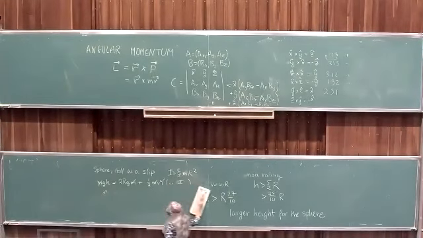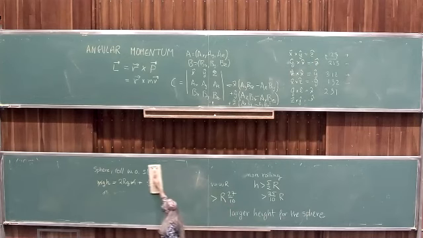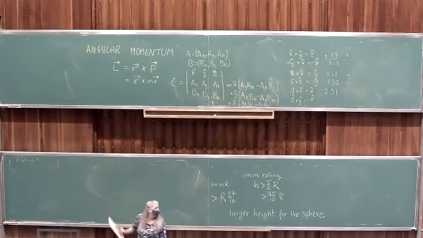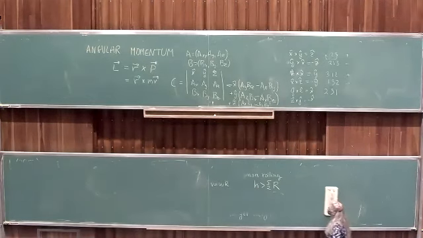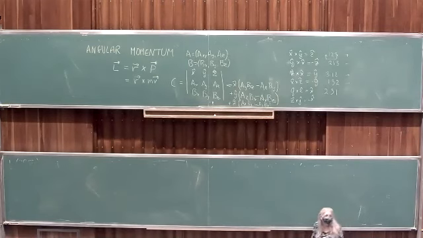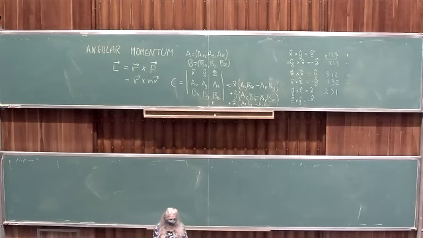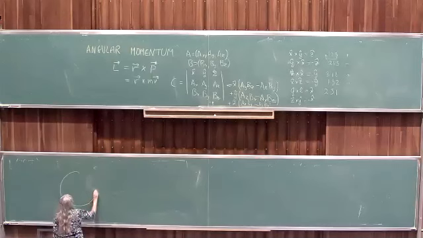So angular momentum, we can talk about angular momentum of a spinning rigid body. We can also talk about angular momentum of a point mass in orbit. And in both settings, angular momentum is conserved. So I'm going to go back and forth between angular momentum of orbits, which is very handy for Keplerian dynamics, and angular momentum of spinning bodies.